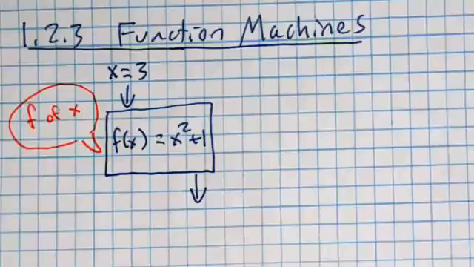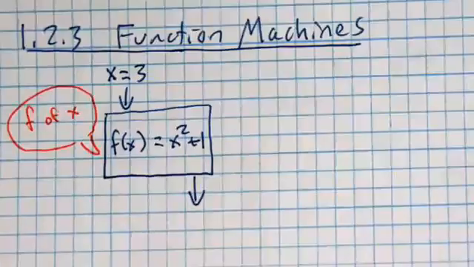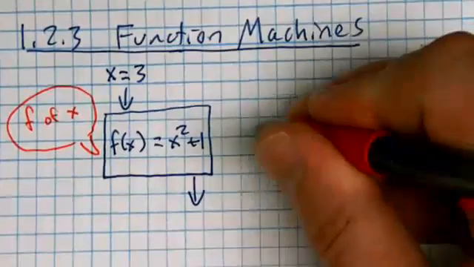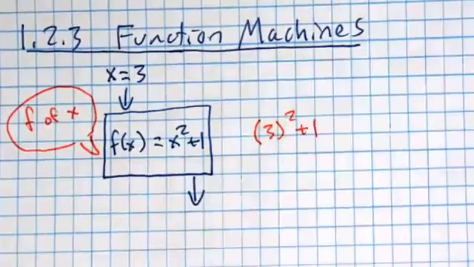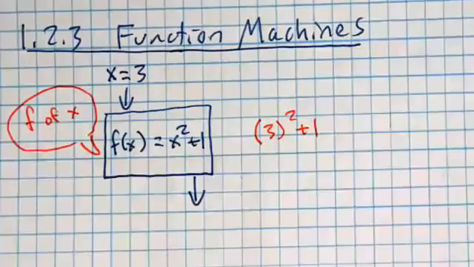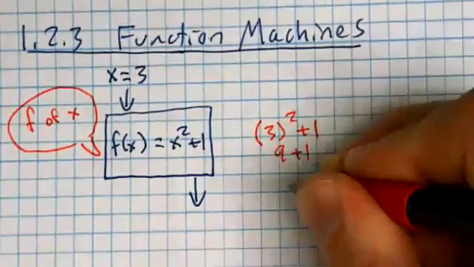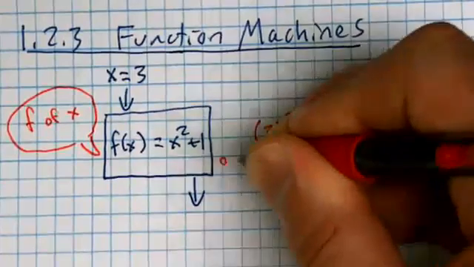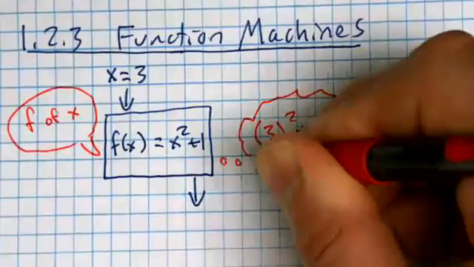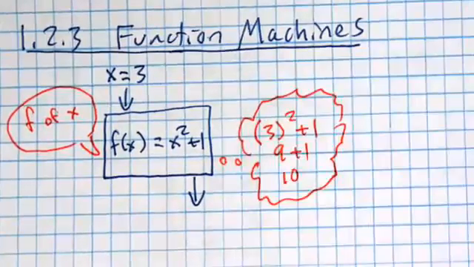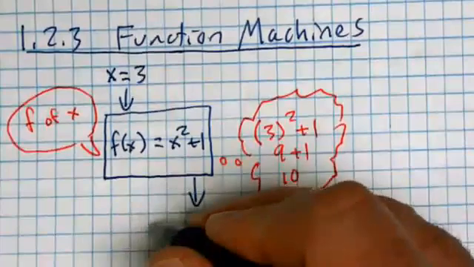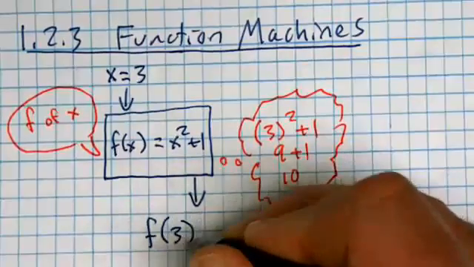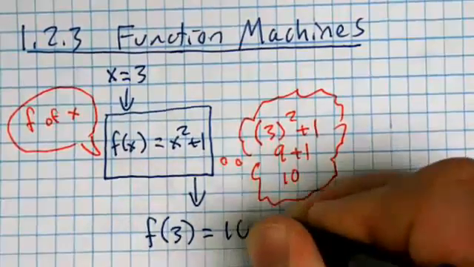What would you end up getting? Can you do that in your head? What I'd be doing in my head would be 3 squared plus 1, which is 9 plus 1, which is 10. That's what's going on in my little thought bubbles for this. So my final answer becomes f of 3 equals 10.